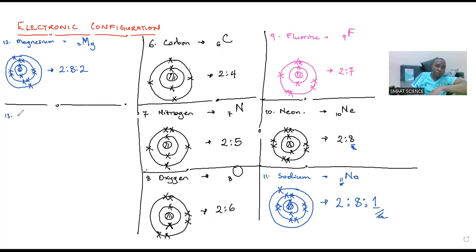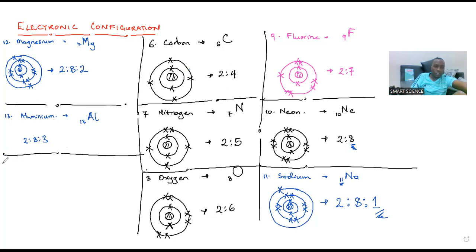Come to element number 13, which is aluminium. For this one, I'll request that we simply write the electron configuration, and in your practice, you can go ahead and draw the structures. Aluminium is 13, symbolized by capital A with a small l. Electron configuration will be 2, 8, 3.